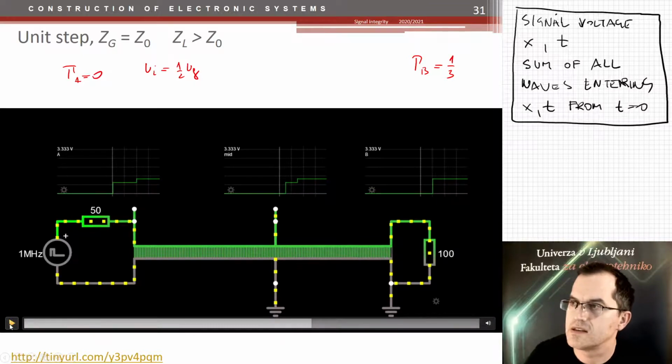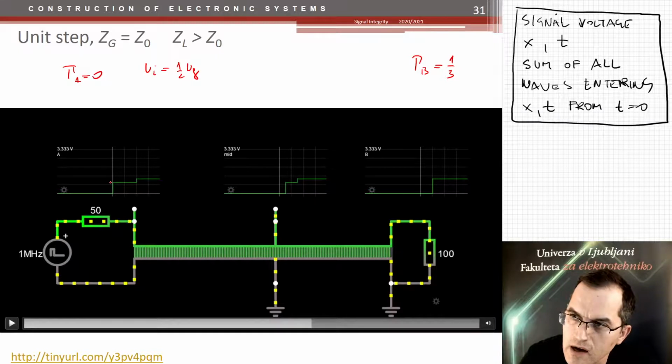Okay, this is it. So you see at the generator side, we start with half of the generator voltage. Then after 2 TPDs, we get additional, how much? 1/3 of that generator voltage, and that's it.